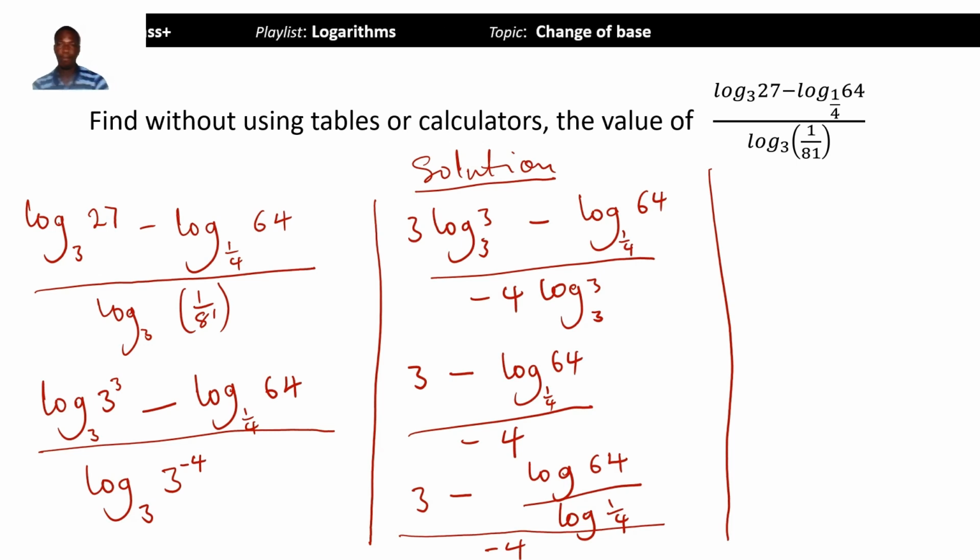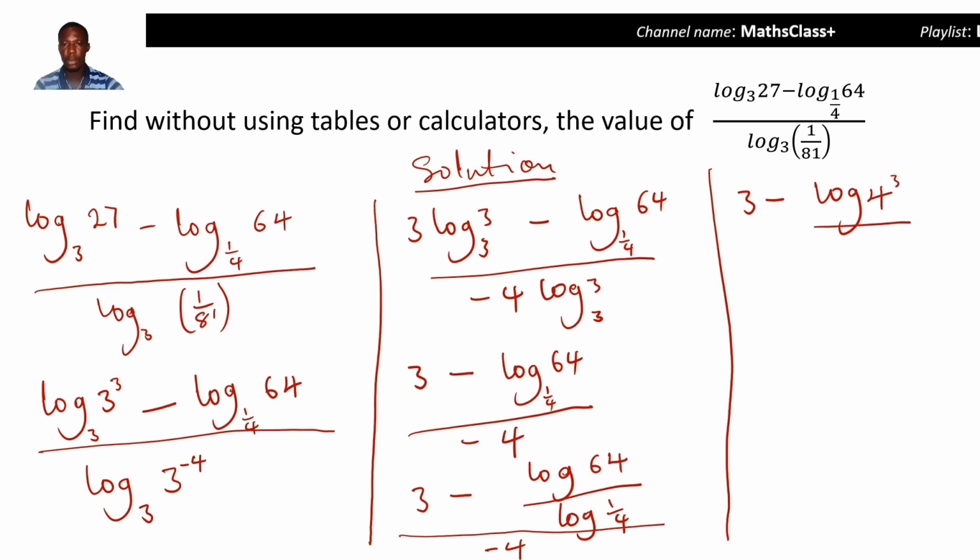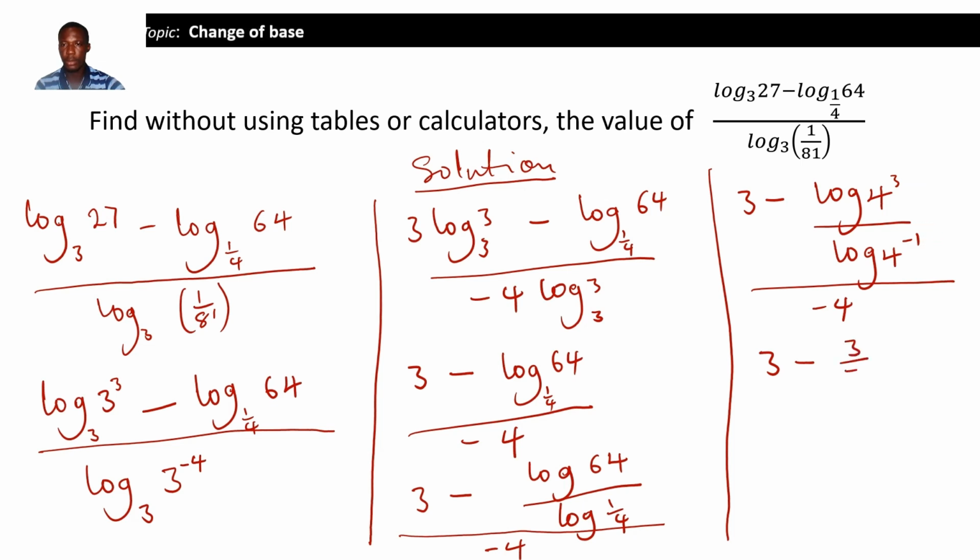Okay, so log 64 becomes, so 3 minus, then log 64 becomes log 4 to the power 3, and then log 1 over 4 becomes log 4 to the power minus 1, divided by negative 4. So when I drop, I'll get 3 minus 3 over negative 1, and that's what I have here, everything divided by minus 4.